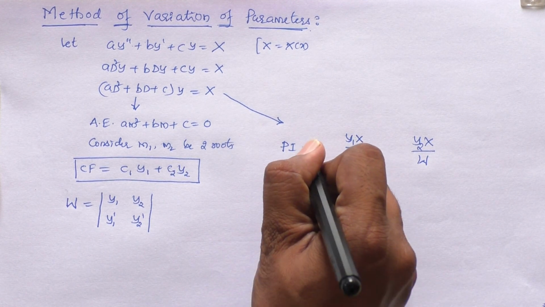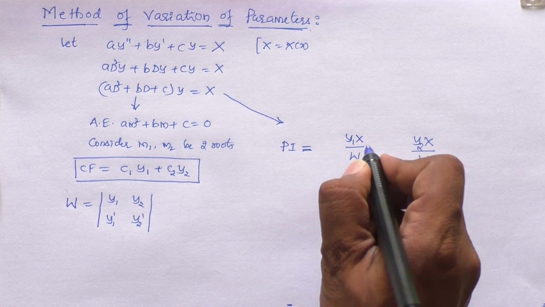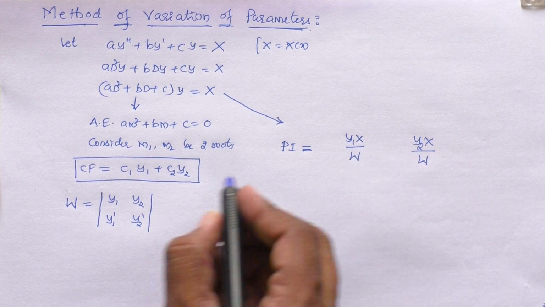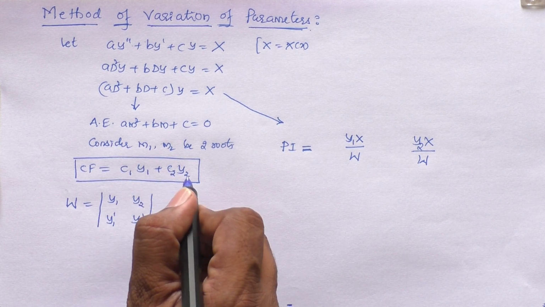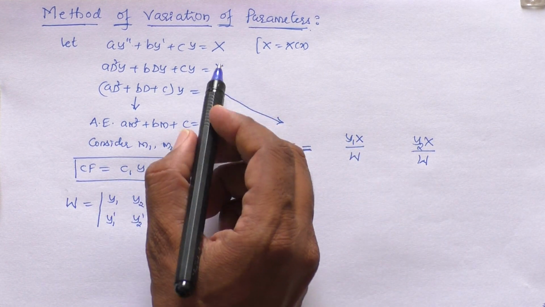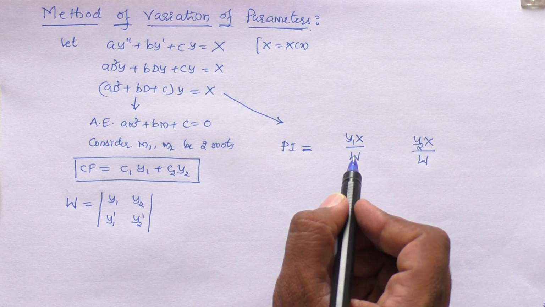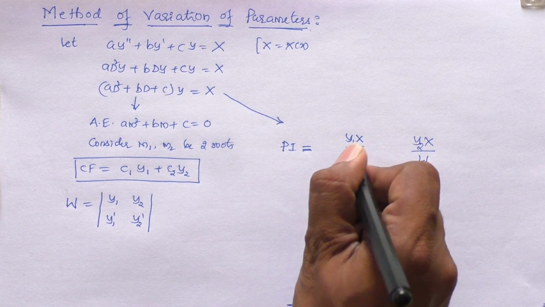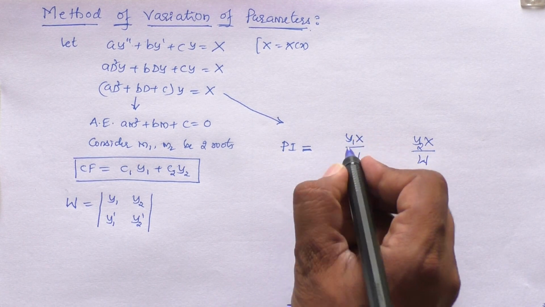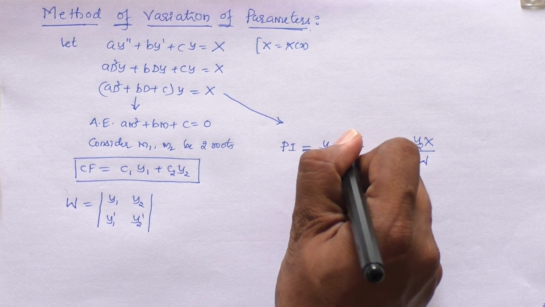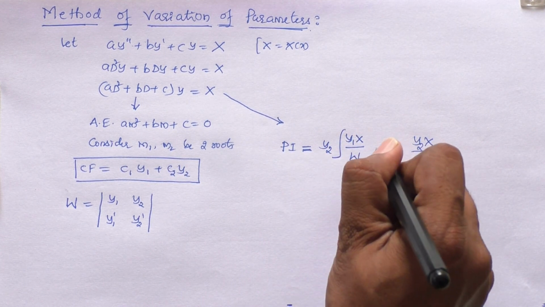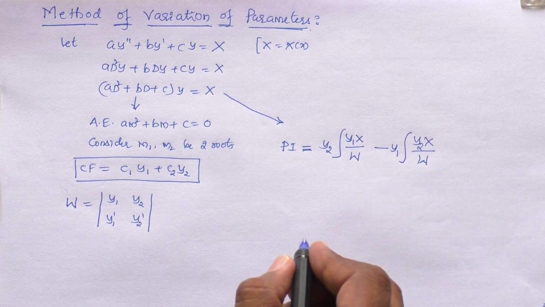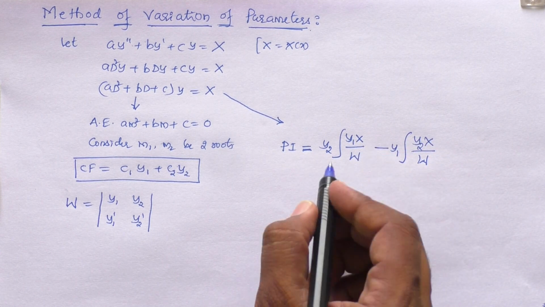The PI has two terms. One term is y1 X by W and the other is y2 X by W, where y1, y2 are the CF terms, capital X is the RHS term, and W is the determinant of y1, y2, y1', y2'. The PI is y2 times the integral of y1 X by W, minus y1 times the integral of y2 X by W. This is the formula for PI.